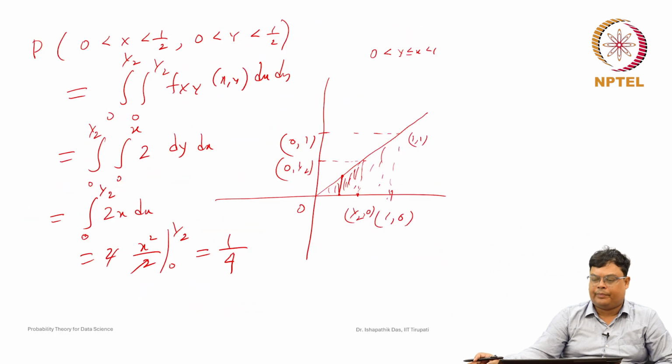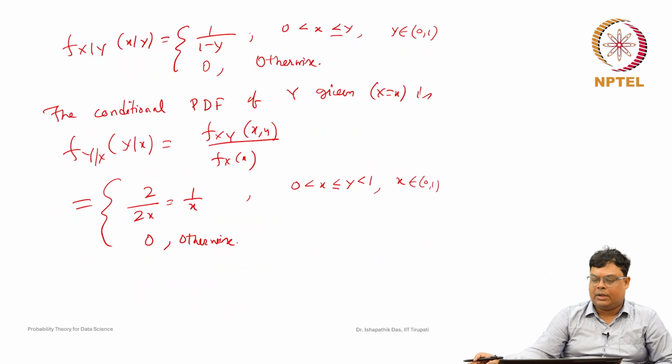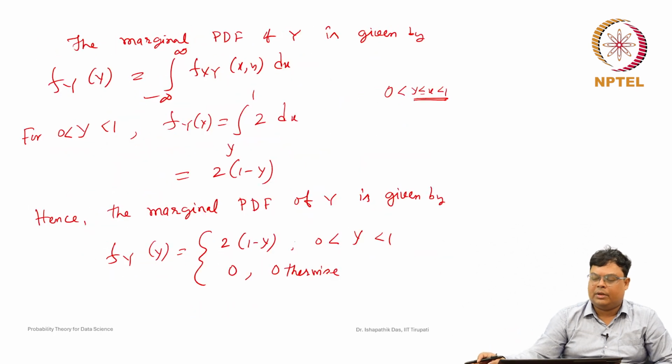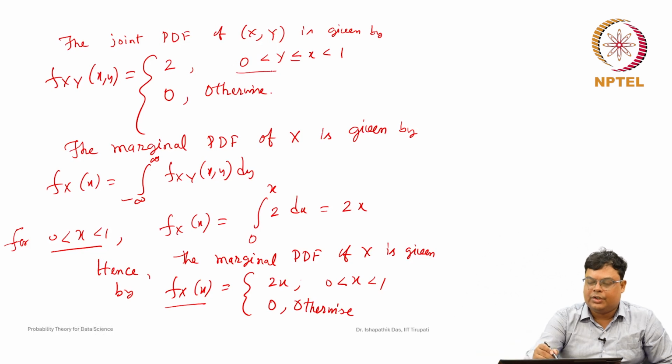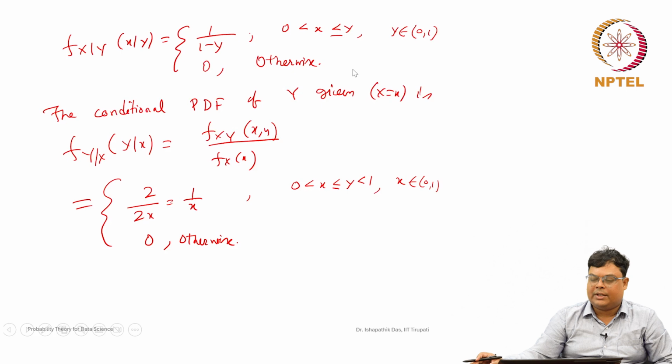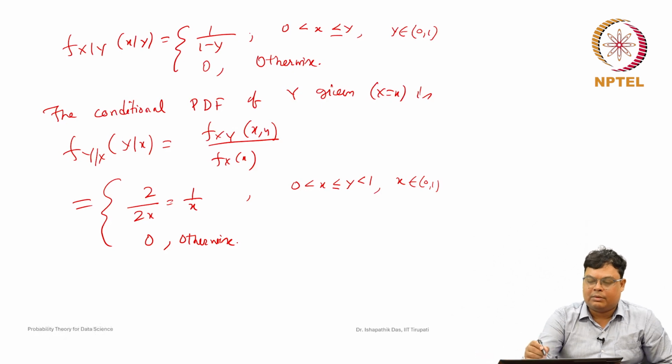Oh, this limit is actually, yeah. That is why 0 less than y less than or equal to x less than 1. I made this mistake, sorry. So, please correct this. Hopefully you have observed these things.